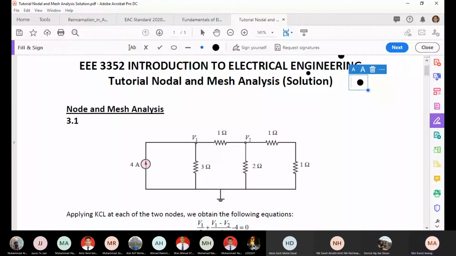So you are given the circuit. You have 4 amps, a 3 ohm resistor, 1 ohm resistor, 2 ohm resistor, 1 ohm resistor, and 1 ohm resistor. You need to find V1 and V2, and from here you are going to use nodal analysis.